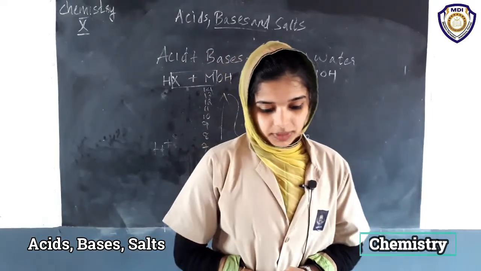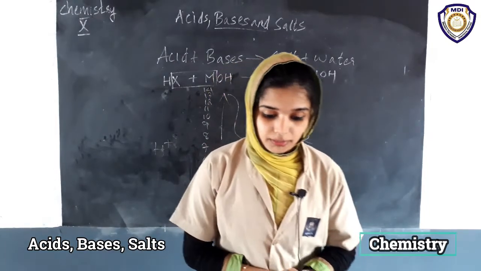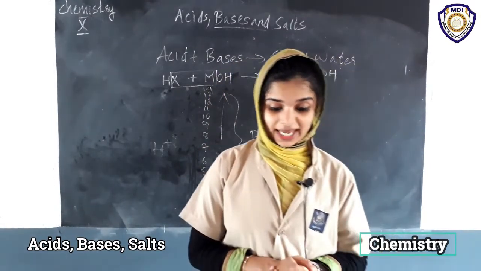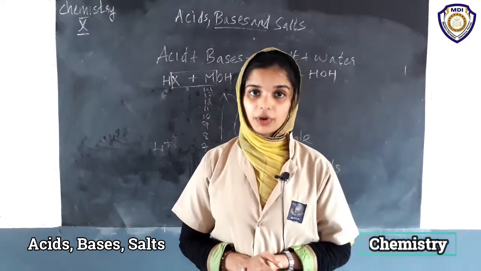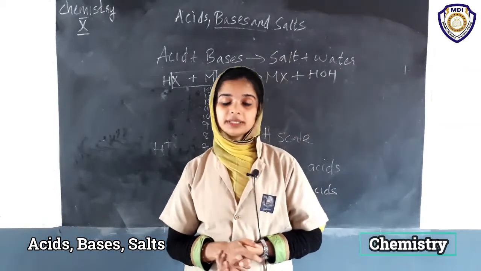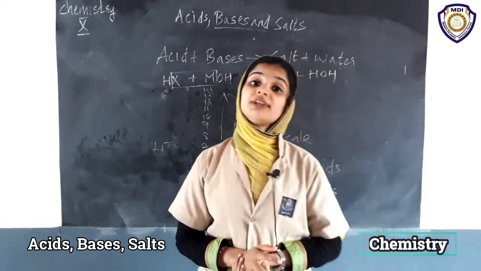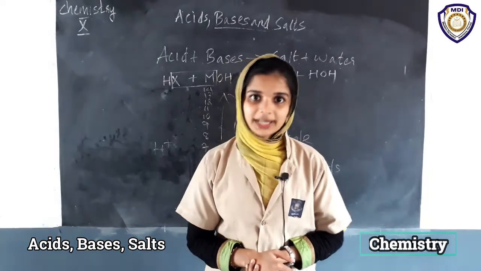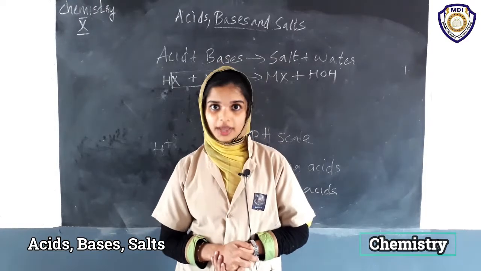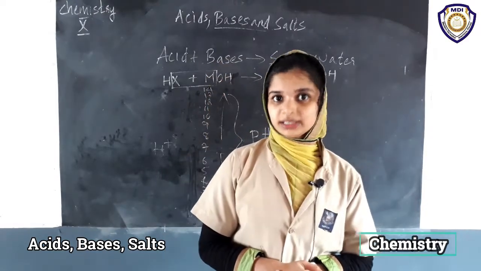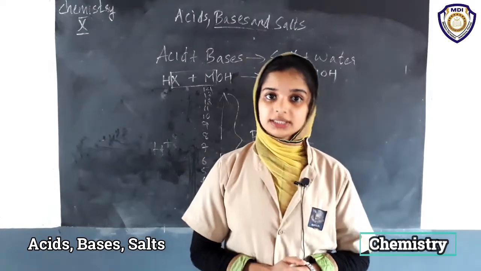Then pH change as a cause of tooth decay. When the pH of our mouth becomes less than 5.5, it will damage our teeth. The teeth will not dissolve in water, but when the pH decreases below 5.5, this acid can damage the teeth.